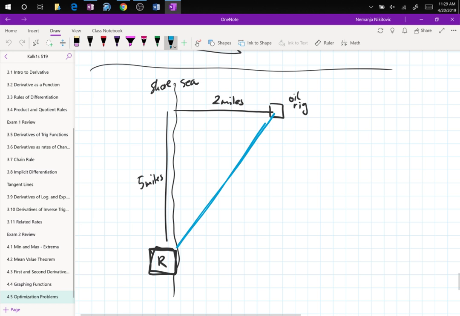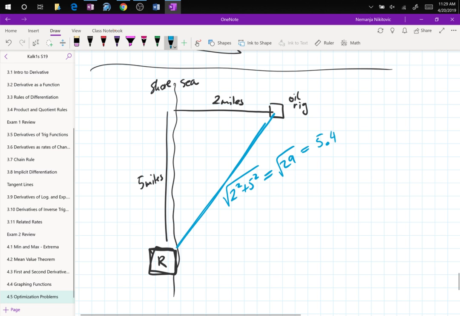And we know that calculation is going to be 2 squared plus 5 squared in terms of miles, right? It's the square root of 29, which is about 5.39, so 5.4 miles underwater.